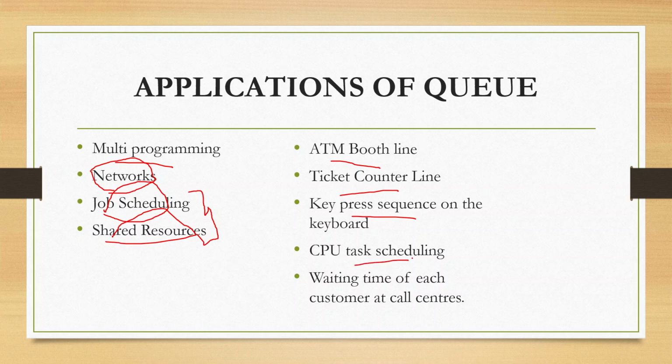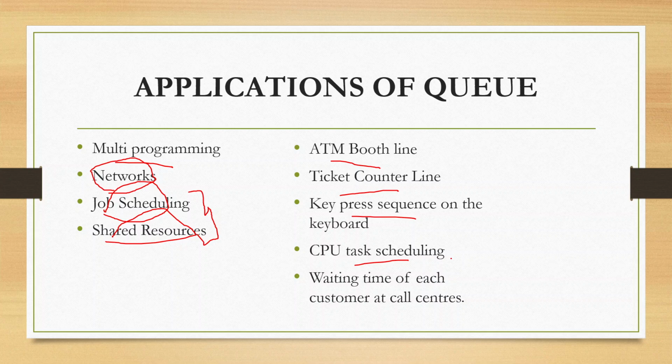CPU task scheduling involves multiple tasks. If we are typing or moving the cursor, these are stored in the queue, and the first process is done first.